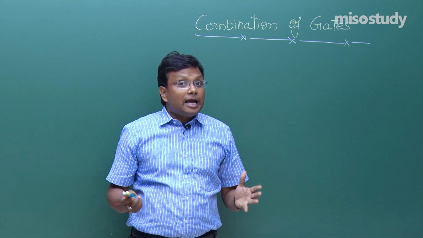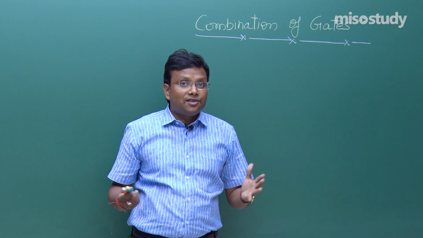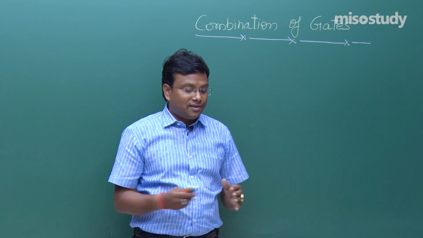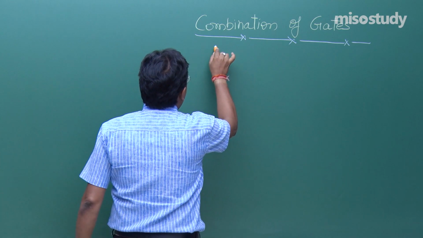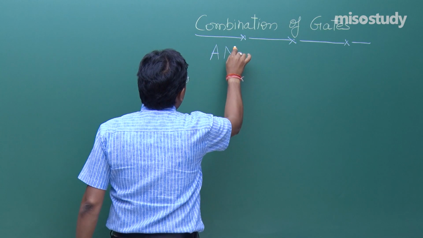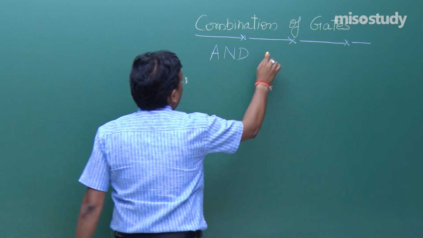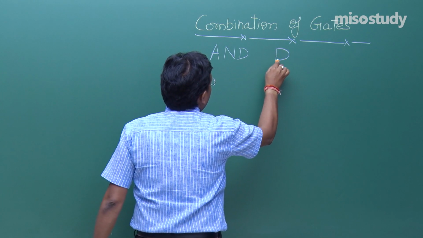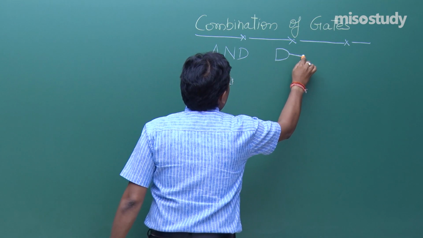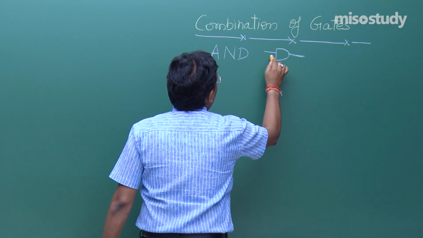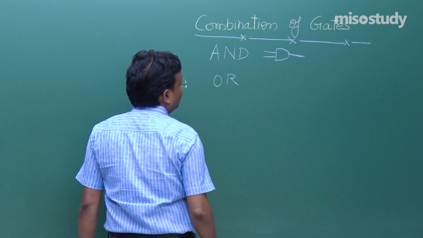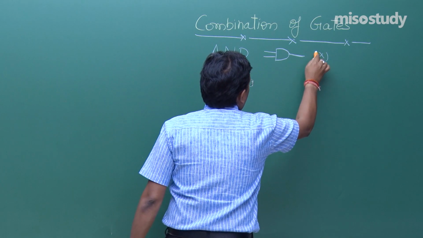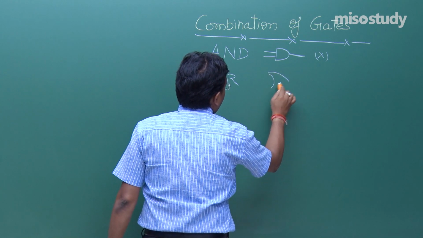So, what types of gates do we have in semiconductor devices? We have three basic gates. That is the AND gate, that is represented like this. Then we have the OR gate, it is represented like this.